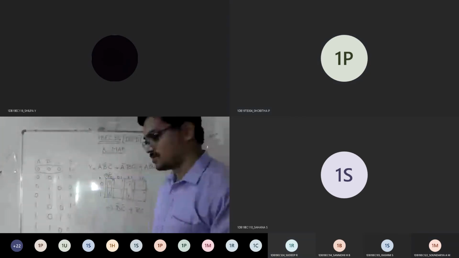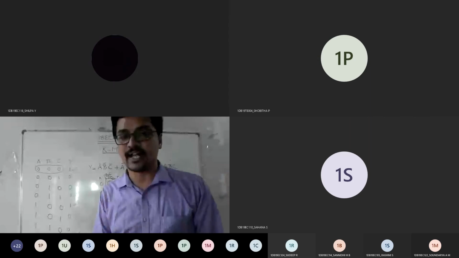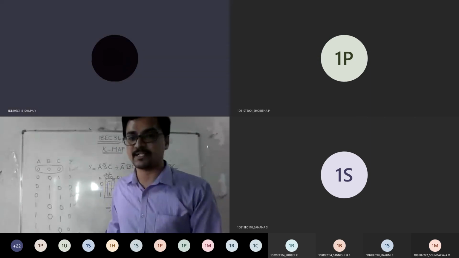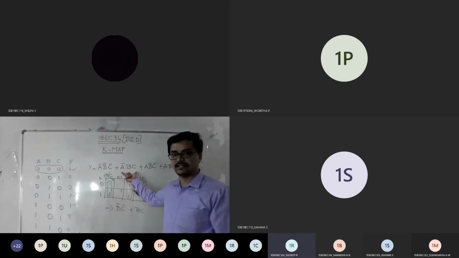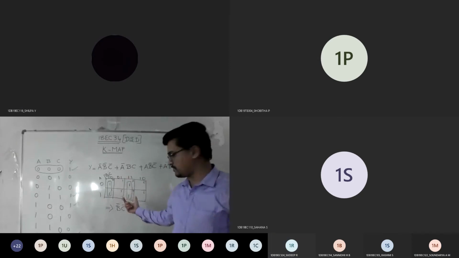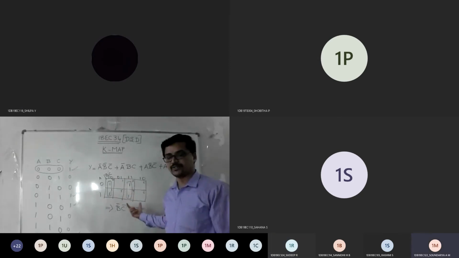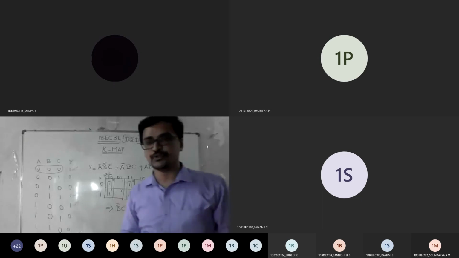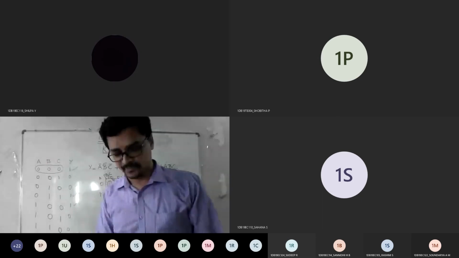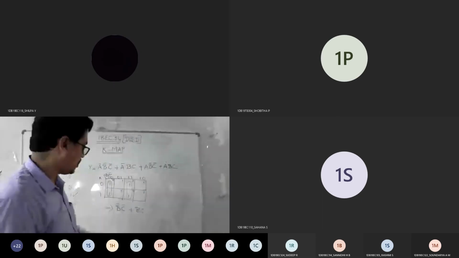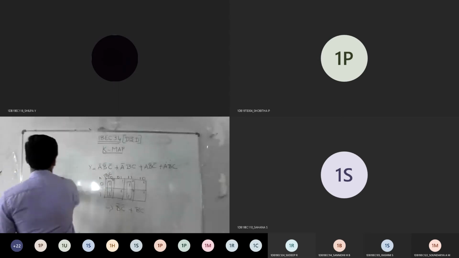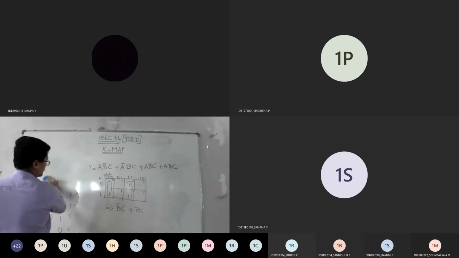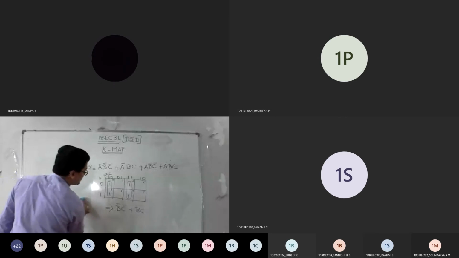So now you need to plot the logic diagram for the final reduced answer. This is the reduced answer you got earlier; we simplified using the K-map and got this much, right? Now if they ask you to plot a logic diagram, how does it look? Tell me how many gates you want for B bar C bar plus BC.